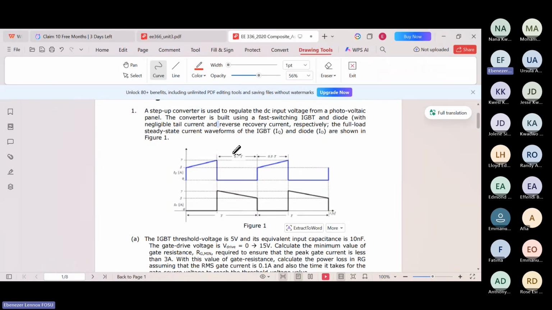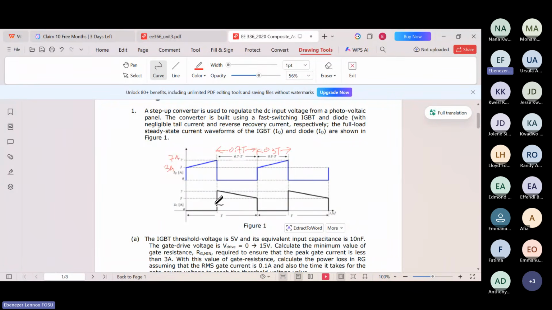Okay, let's continue. The minimum current is 3 amps, and the maximum current is 7 amps. This side is 0.7 T, and this side is 0.3 T. Take note of this.